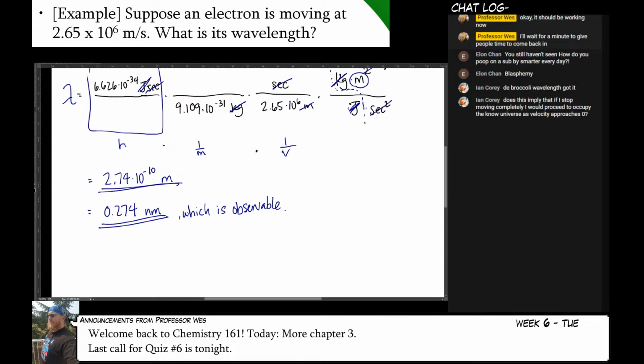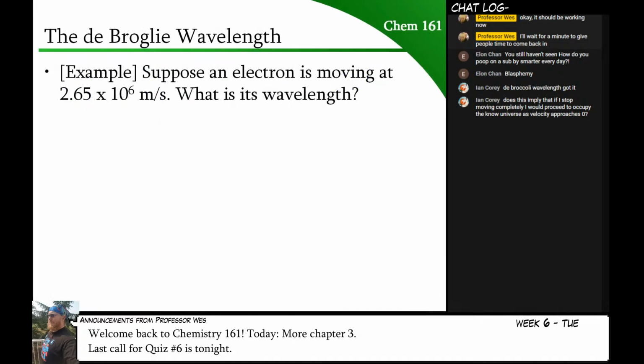Therefore, we should be able to use this to interact with stuff that has 0.2 nanometer light, right? It should be functionally equivalent in terms of its properties that we could measure. And it turns out that it totally is.